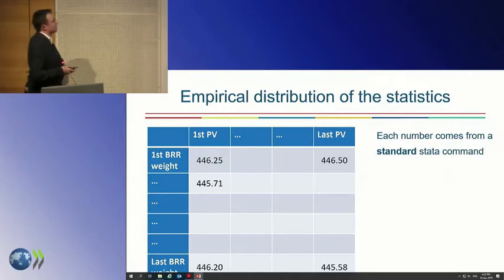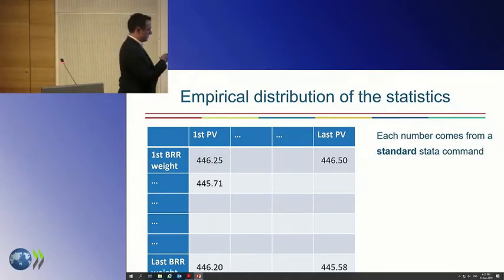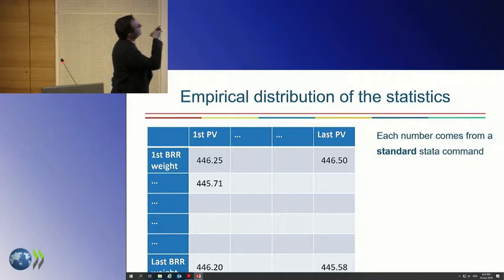So that's the empirical distribution I was talking about. The first column is about the sampling error. The way we compute sampling error, we use balanced replicated weights, and that's again all across the OECD education surveys. Each of them is more or less an alternative sample. Once you compute your statistics of interest across all these weights, you have an empirical distribution, and from this empirical distribution, you're going to have a standard error.